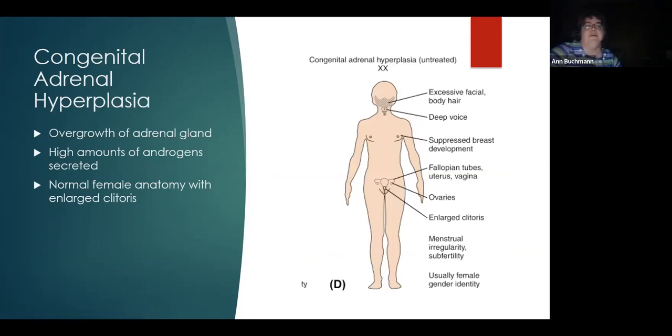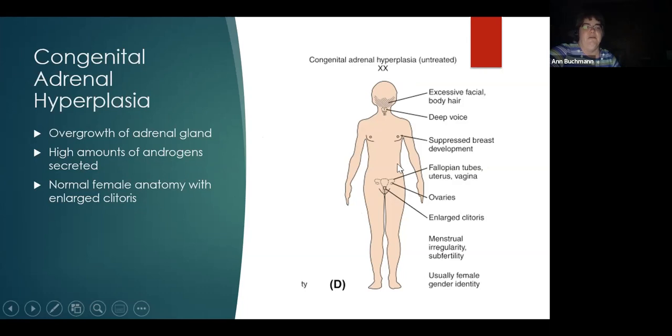A different form of intersex is called congenital adrenal hyperplasia. Basically this is an XX, so a female, who has production of a lot of androgens. On the adrenal gland, there's an overgrowth, and that overgrowth leads to high secretion of testosterone.